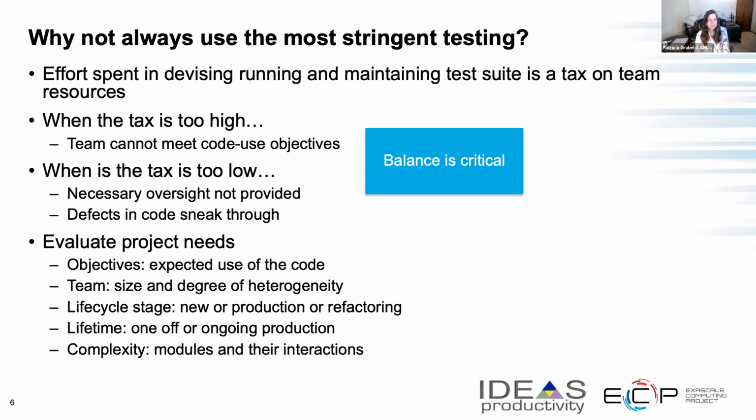Also, it's different for different life cycle stages, whether it's new or code that's going into production, or refactoring. Is this a one-off use of this code and then you don't have to go into production? Those would make very different needs. And then you have to look at all the different complexity if you're using different interactions from different code systems and your own, what the interactions are between your modules.